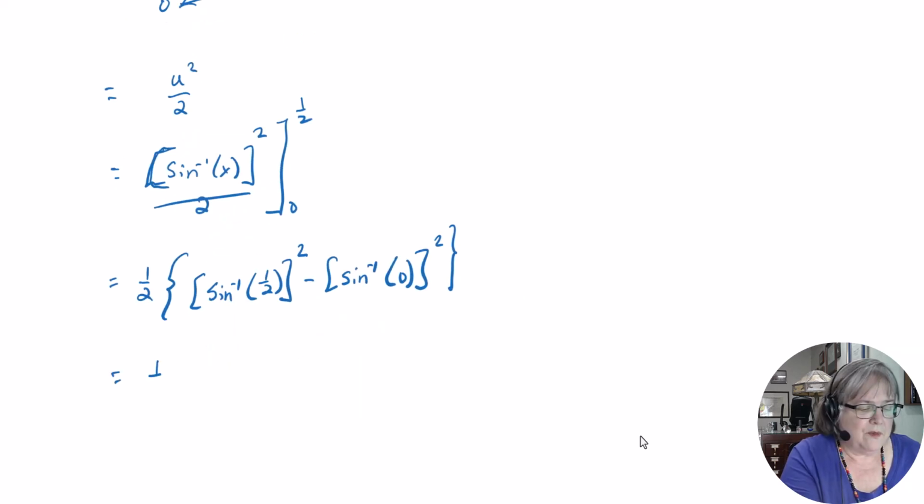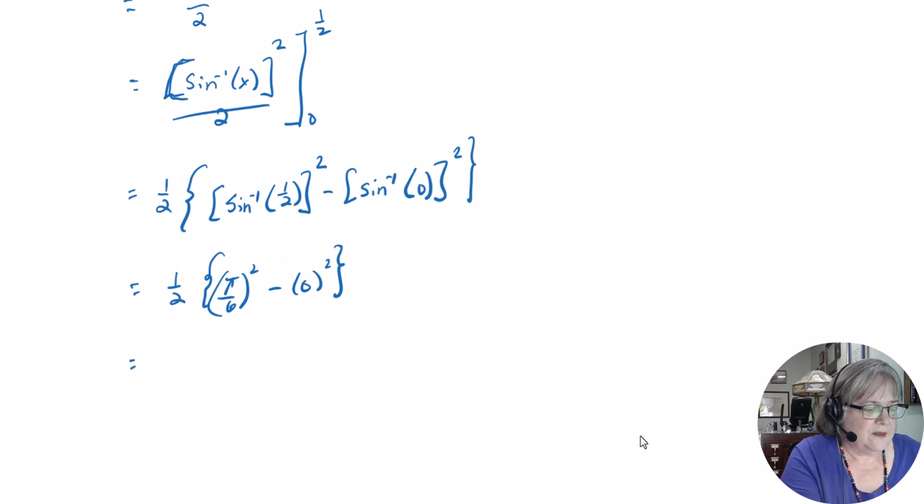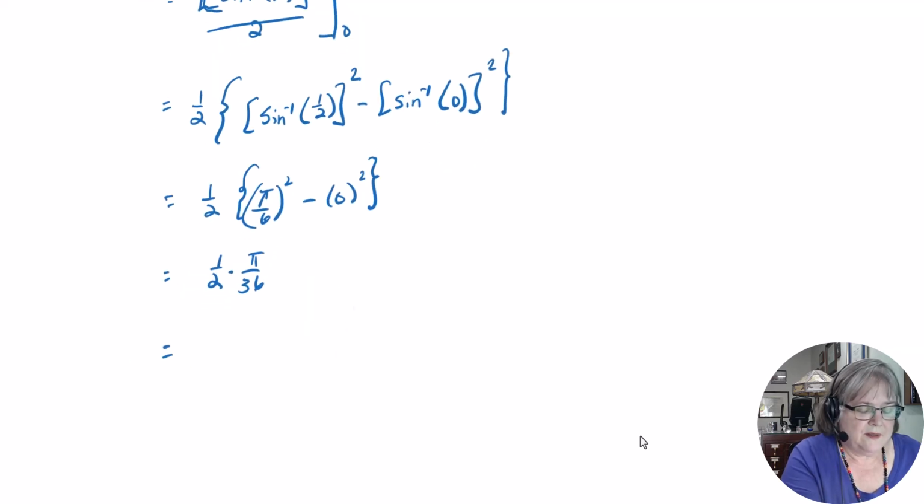So this is 1/2 times pi over 6 squared minus 0 squared. So this is 1/2 times pi squared over 36. So it's pi squared over 72, which is exact.